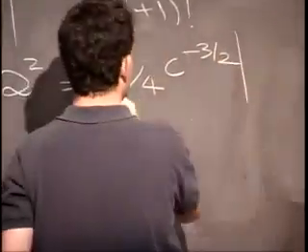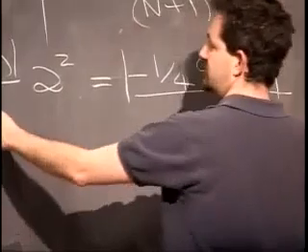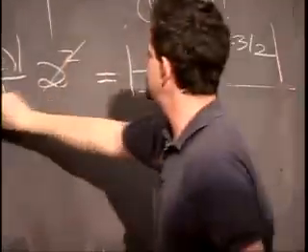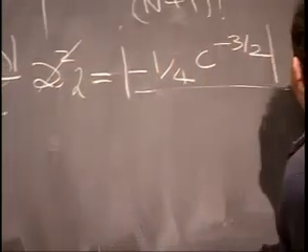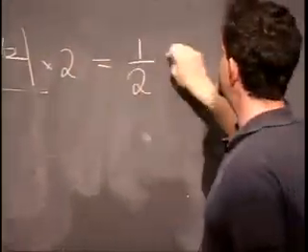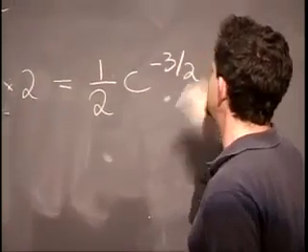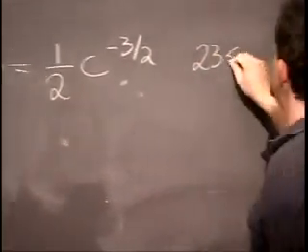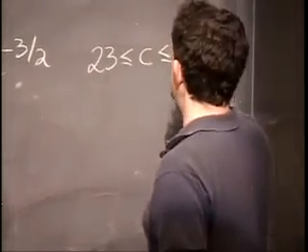Absolute value of that over 2 factorial is 2, 2 squared is 4, so I'll just cancel this down to a 2. And this is equal to 1 half c to the minus 3 halves after you take the absolute value. And all we know about c is that it's between 23 and 25.